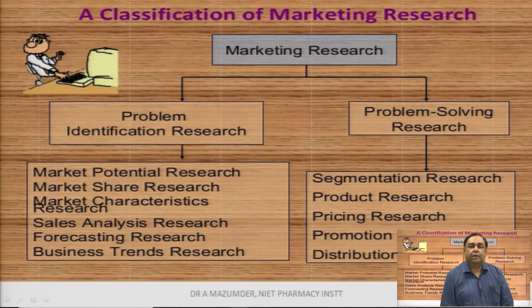On the other hand, whenever you identify the problem, you need to solve it. Therefore, problem solving research includes segmentation research, product research, pricing research, promotion research, and distribution research, basically the 4 P's of marketing that we studied earlier.